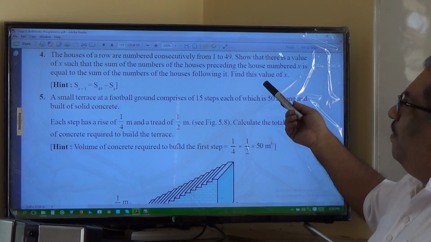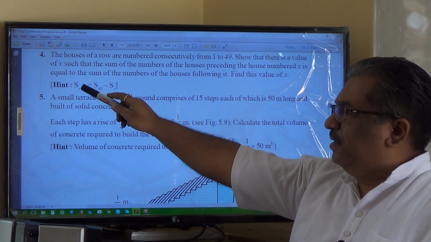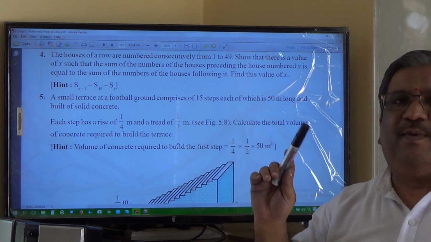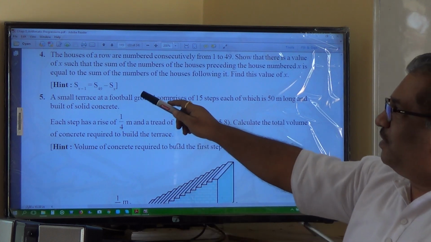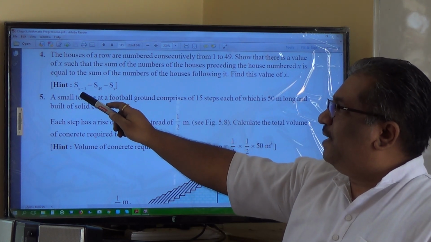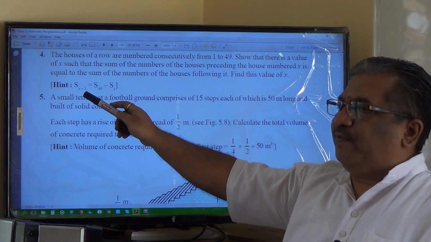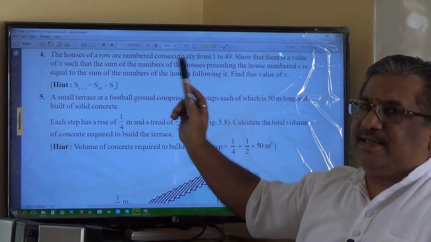Find this value of x. Hint is there. This hint is to be remembered, and you have to learn it by heart and keep it noted down. All the time you must know Sx minus 1 equals S49 minus Sx. Using this formula you find out the value of x here.